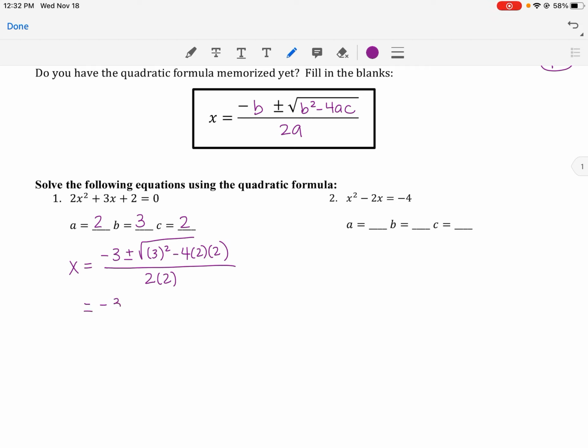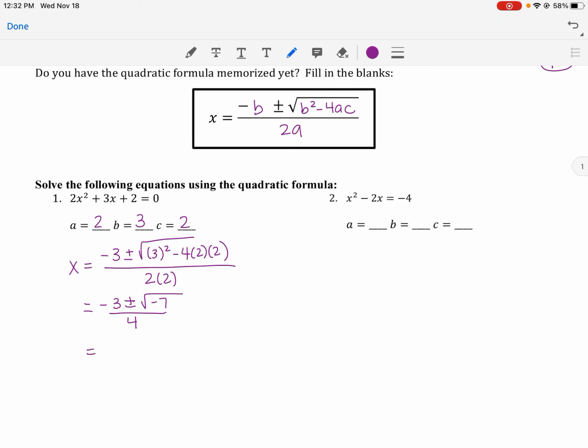So we've got -3 plus or minus the square root. Type in 3 squared minus 4 times 2 times 2. It's really important here that you don't type the square root in this time, that we just figure out what the discriminant is. So we get a discriminant of -7, which means, remember, there's no real solutions. There's two imaginary ones. Divided by 2 times 2 is 4. So the only thing we expect you to do now is simplify that radical.